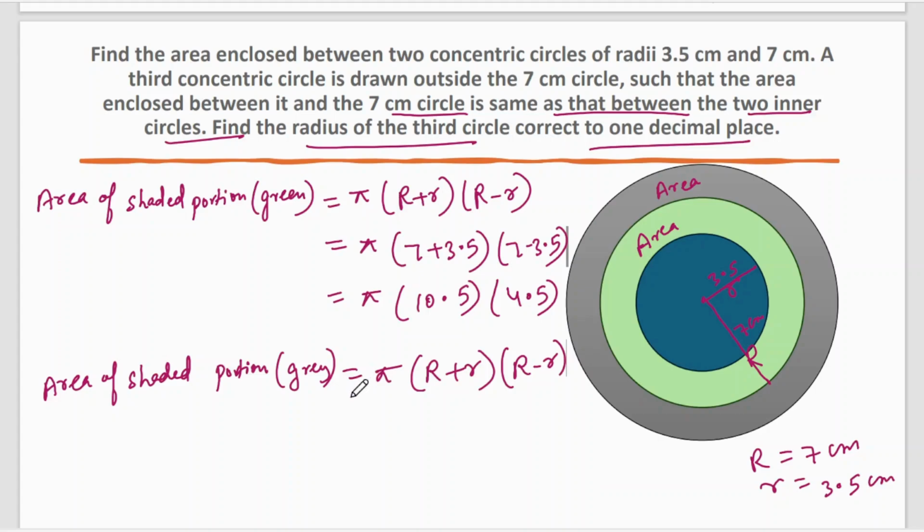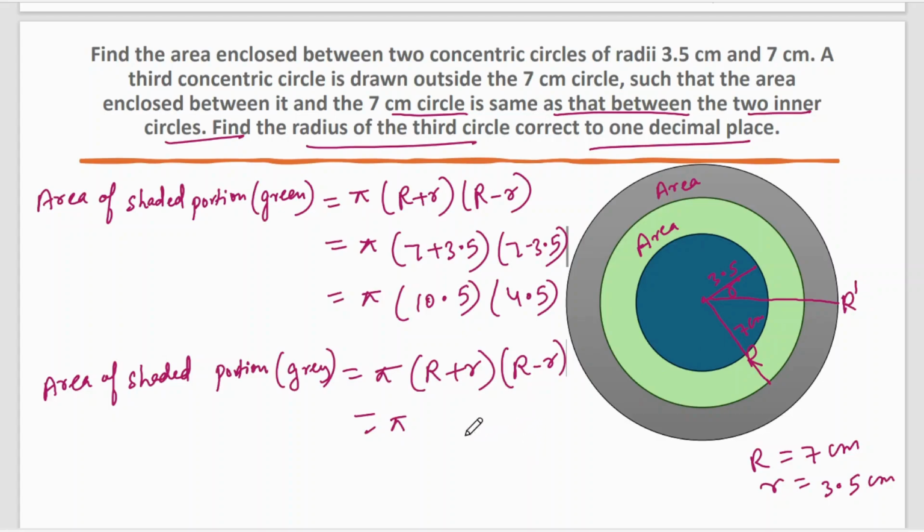Now we can write pi, and let us consider the radius of the outermost circle as R dash.